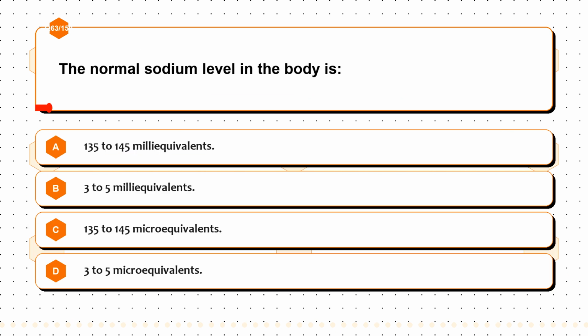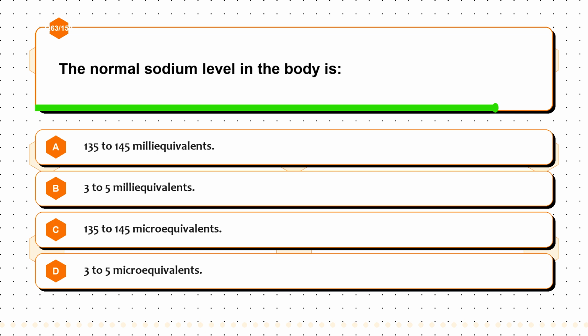Question 63. The normal sodium level in the body is. Here are the options. Option A. 135 to 145 milliequivalents. Option B. 3 to 5 milliequivalents. Option C. 135 to 145 microequivalents.